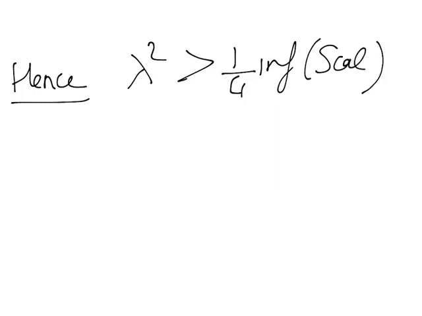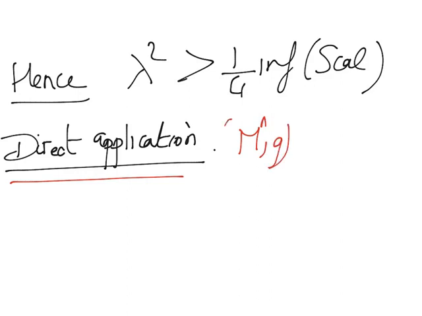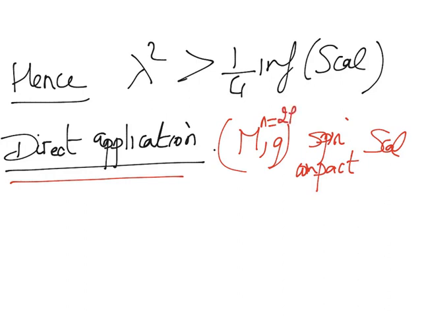The first direct application of the Lichnerowicz inequality is the following topological obstruction for the existence of positive scalar curvature metric. In fact, if you have a Riemannian manifold which is spin and compact and with positive scalar curvature, let's take n to be 2k, so n is even.